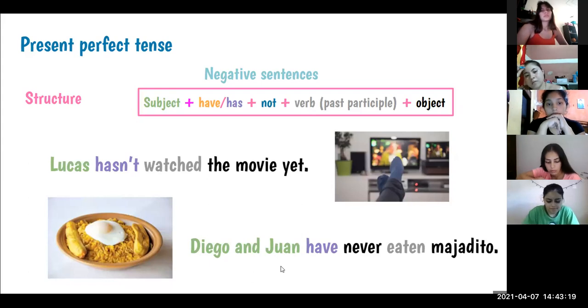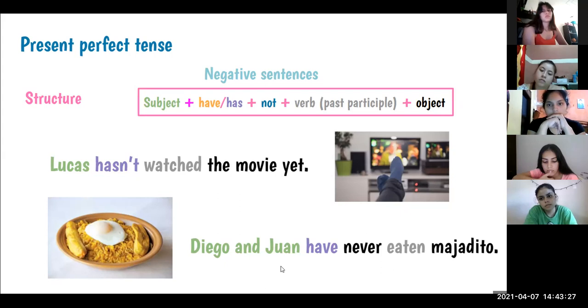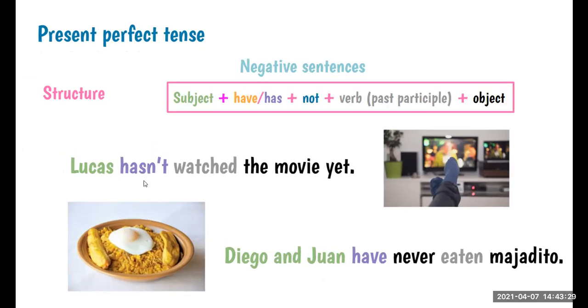Okay. Diego and Juan have never eaten majadito. Diego y Juan nunca han comido majadito, ¿cierto? Entonces ya saben que el have or has es para decir no he hecho esto o he hecho esto, ¿ok?